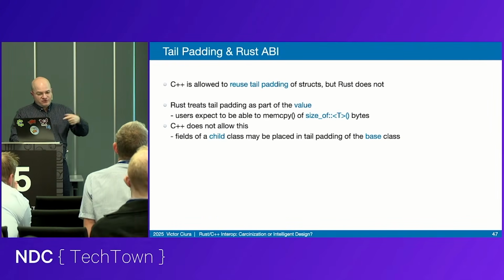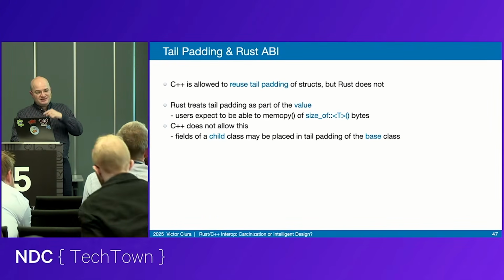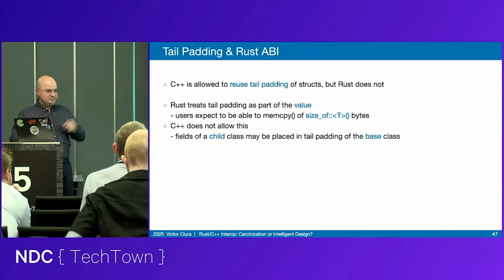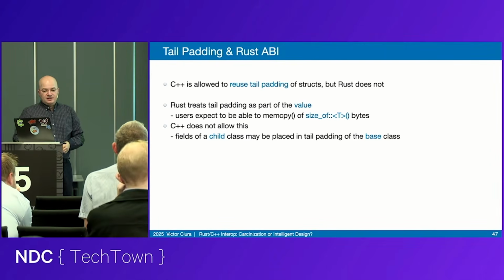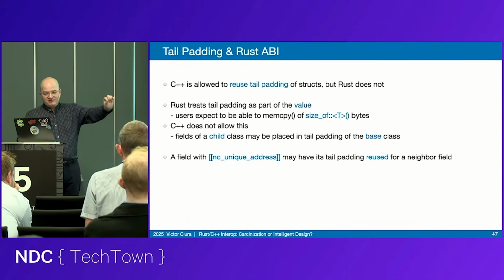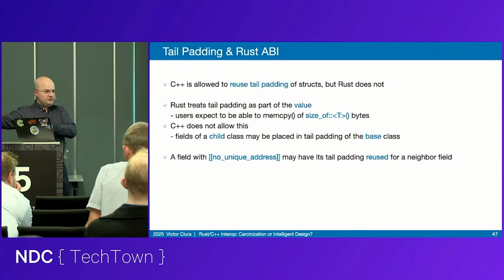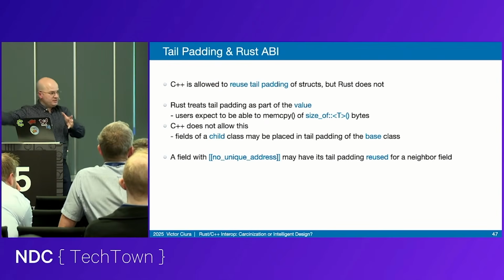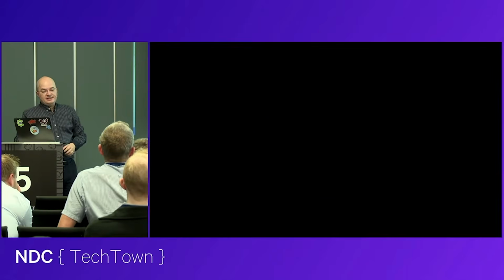So, for example, fields of a child class may be placed in the tail padding of the base class. Mind blown, I know. For another example, a field with no unique address may have its tail padding reused for the neighboring field. Think about sort of lining these things one after another, right? So just a few examples.